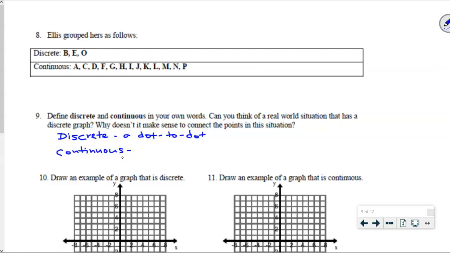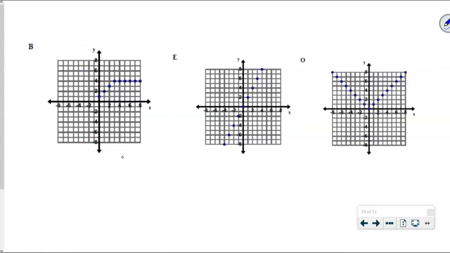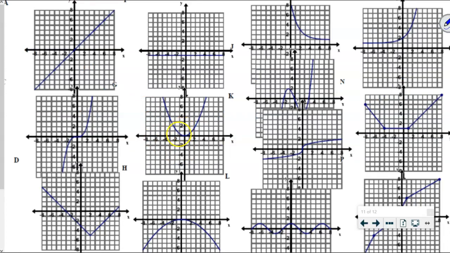It's been done. What I mean by that is, and you will graph these eventually, when we were graphing lines like this, we would say, here's a point, and here's a point, and here's a point. And then what did we do? We grabbed our ruler and we connected them all. So it's like a dot to dot that has been connected.